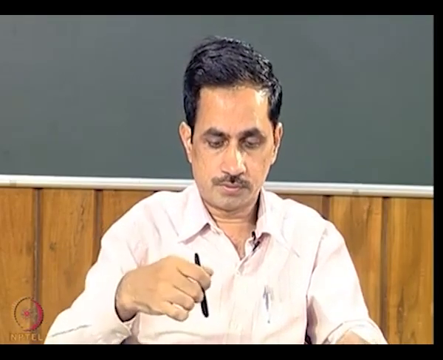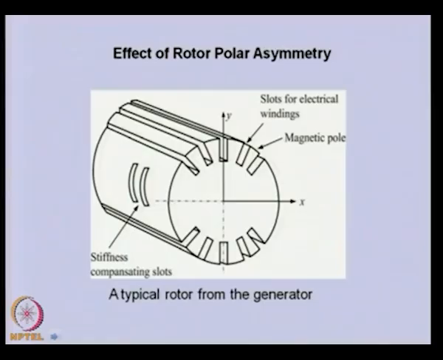So, this is one typical rotor of a generator, in which you can see there are slots running axially, generally provided for the windings, and here also it is there, but some part of the rotor is solid.